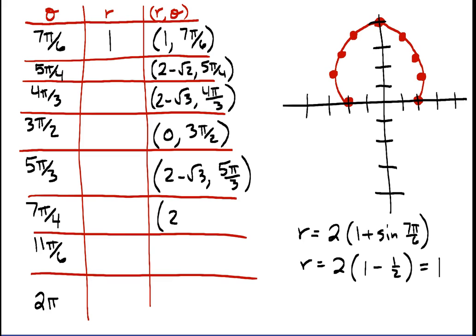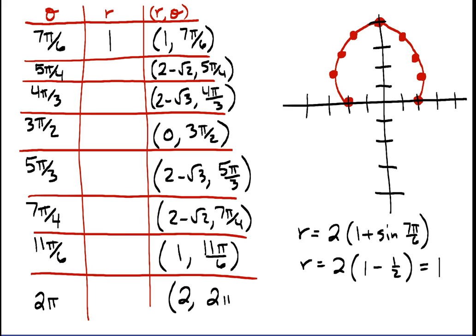When I plugged in 7 pi over 4, that gave me a 2 minus root 2. And then when I plugged in 11 pi over 6, that gave me just a 1 value. And then to finish it off, 2 pi. Plugging in 2 pi gives me an r value of 2.